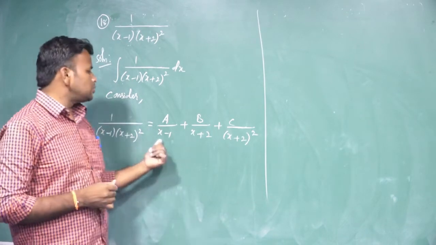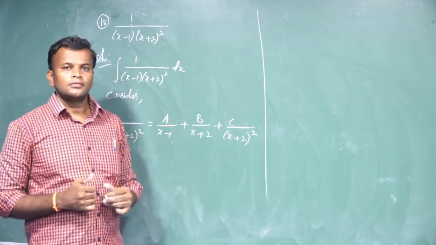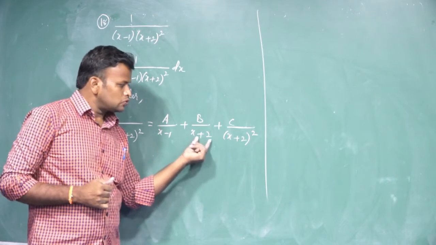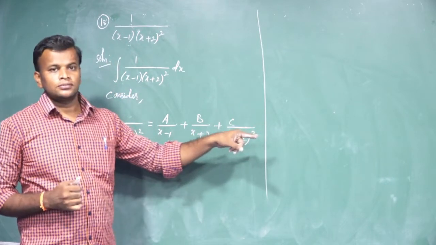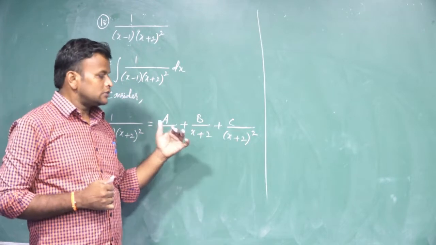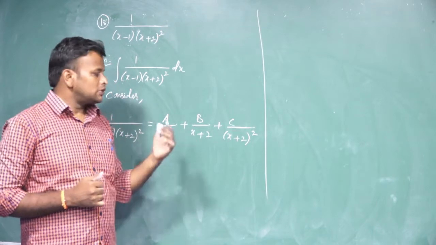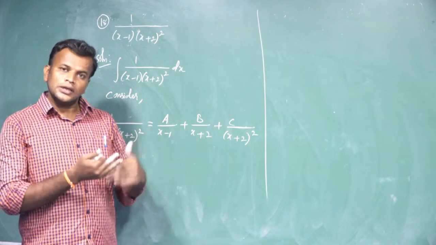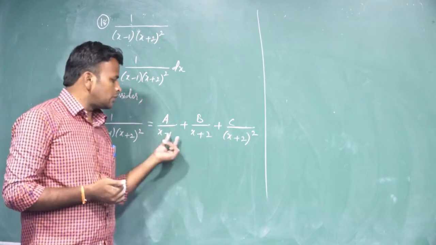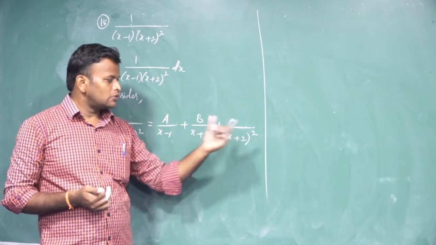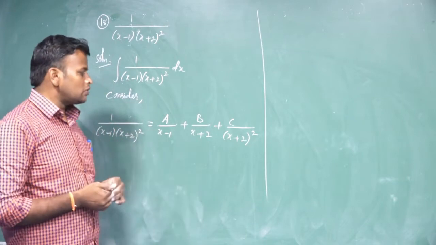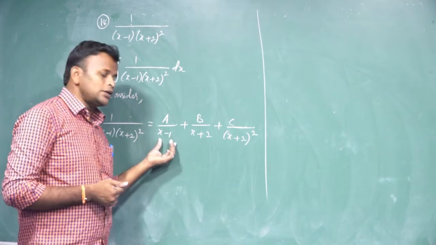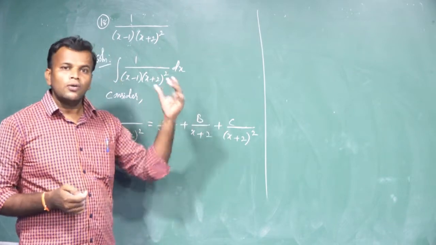So what is the LCM of the denominators? x minus 1, x plus 2 and x plus 2 the whole square. In LCM we take the highest power; in GCD we take the least power. So the LCM of the denominators is x minus 1 into x plus 2 the whole square.